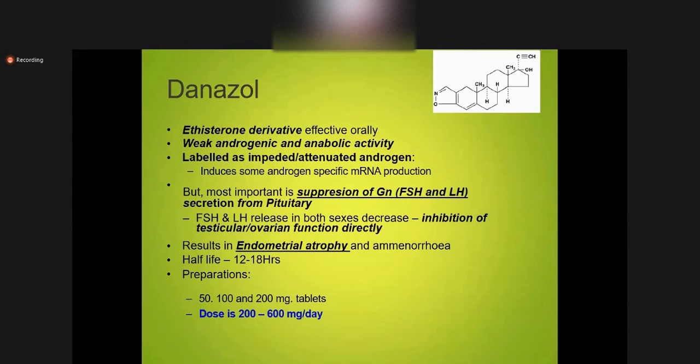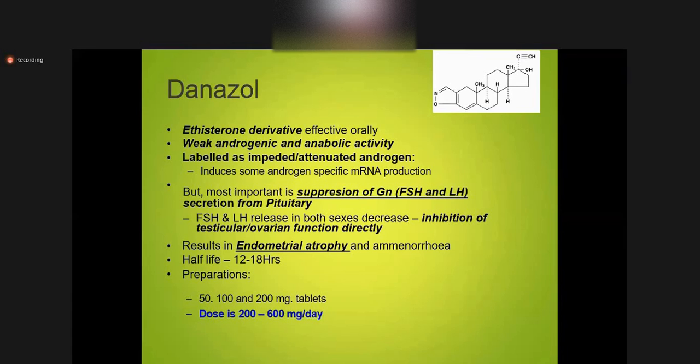For example, danazol. Danazol is an anti-androgen. This is an ethisterone derivative, and it is effective orally. It has weak androgenic as well as anabolic activity, and it is also known as attenuated androgen or weak androgen.